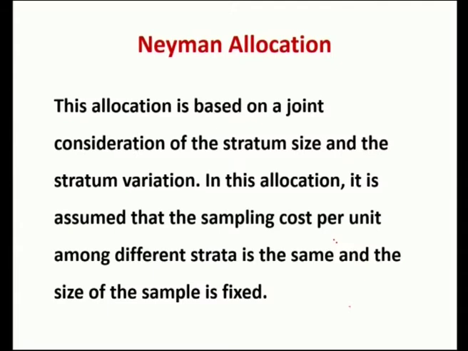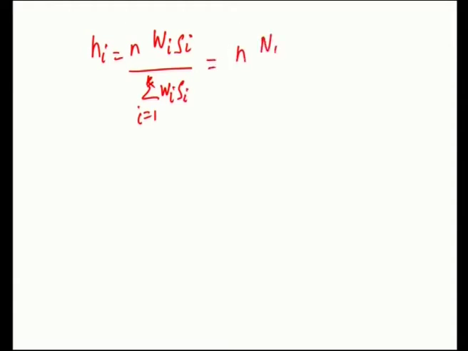In Neyman allocation, the sample size is given by ni is equal to n into Wi Si divided by summation over i equal to 1 to k Wi Si, and this can also be written as n into capital Ni Si divided by summation over i equal to 1 to k Ni Si.